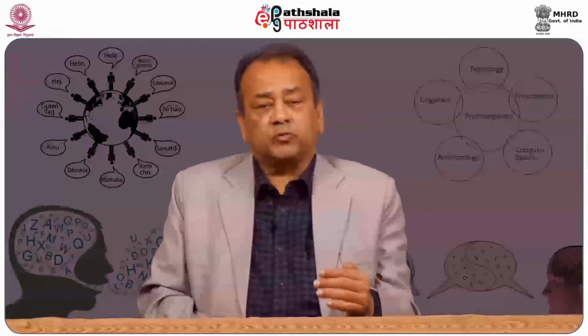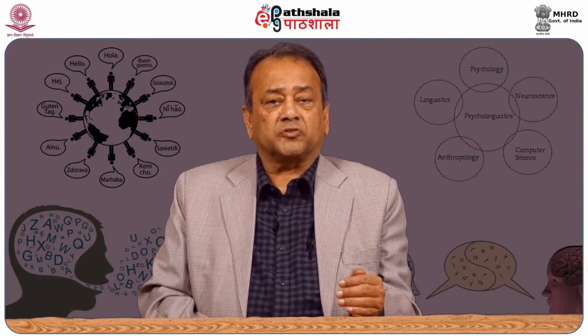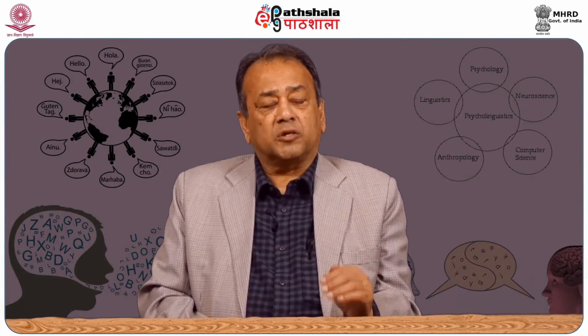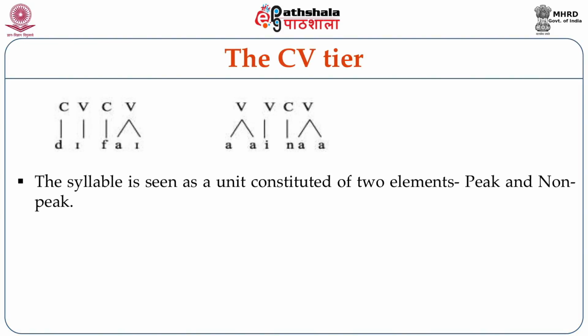So this way we notice that the CV tier has multiple functions in explaining the difference between segments in terms of their representations. The CV elements are seen to represent two parts of a syllable, the peak and the non-peak. V stands for the peak element and C stands for the non-peak element.